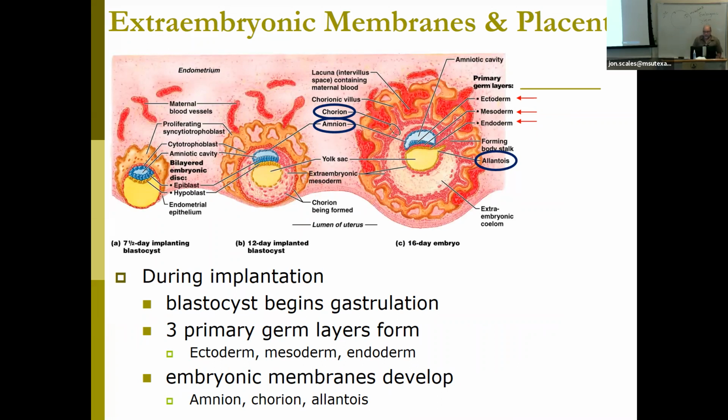They form cavities known as the chorion, or the chorionic space, or the amniotic cavity, or the allantoic cavity, also known as the yolk sac. Those membranes will continue to expand and form a three-layer arrangement that is the placenta. The chorionic membrane and the amniotic membrane will basically grow into each other.